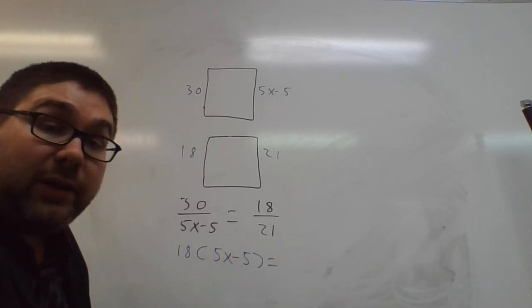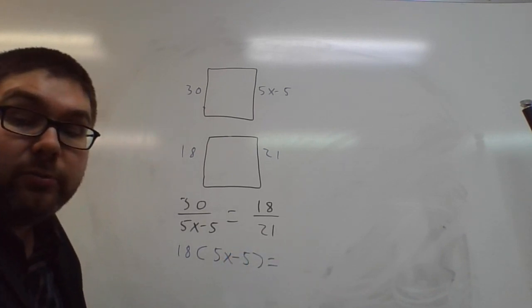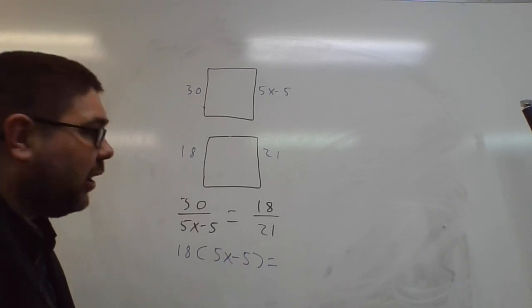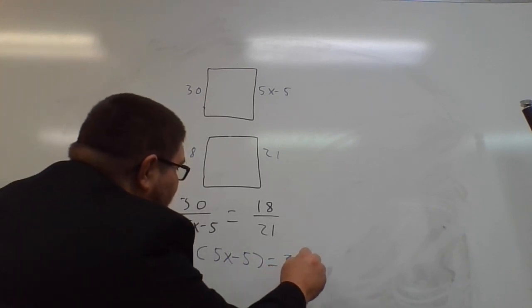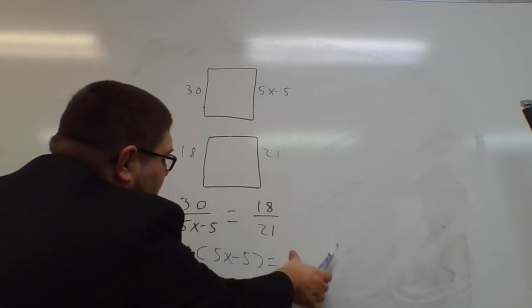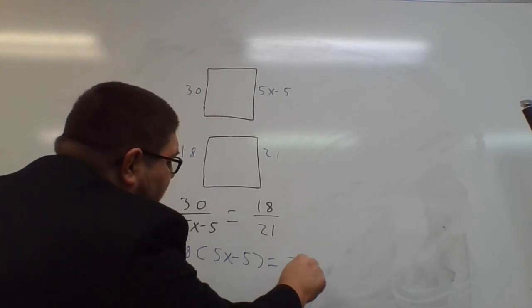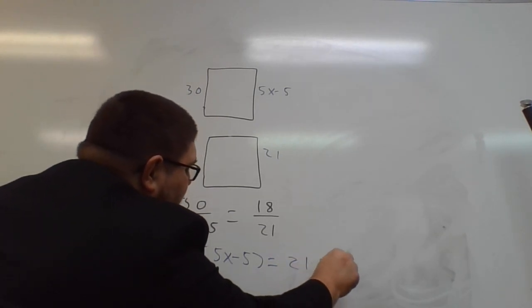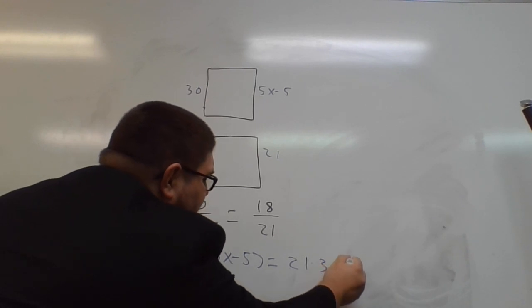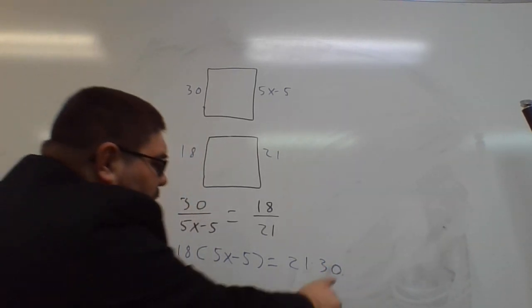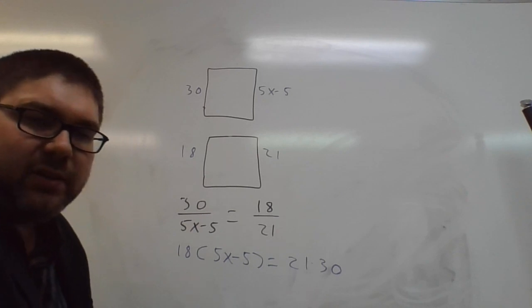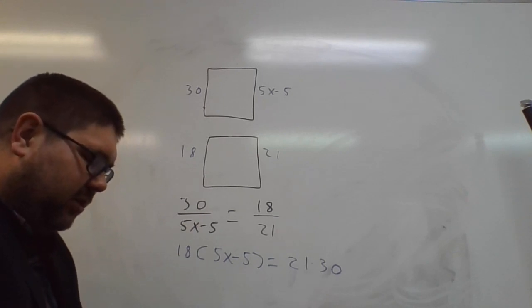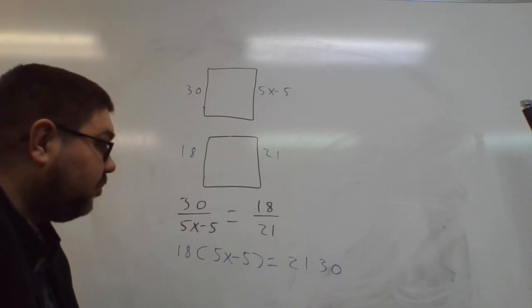Does that look fun that we got the distributive property going on? Dang right. And then I'm going to do 21 times 30. Hopefully I can draw a 0. You would think drawing a 0 would be easy, but not for me. I'm not very artistic.